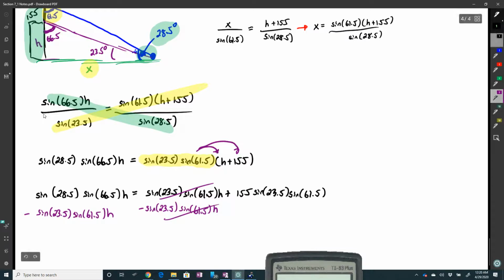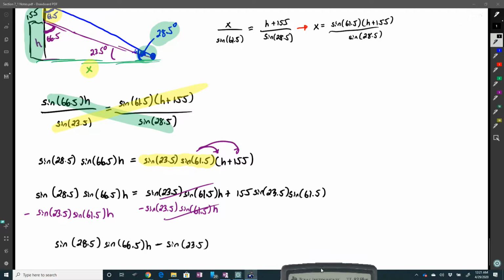Okay. That leaves us with, almost done. All right, so we subtracted the two is equal to 155 sine of 23.5 sine of 61.5.